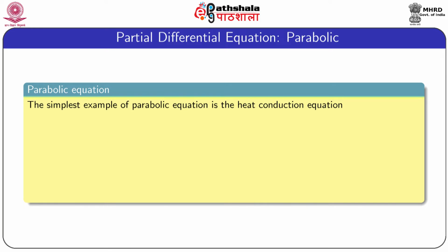Now, we consider the parabolic equation. The simplest example of a parabolic equation is the heat conduction equation, of the form written in equation 5, that is del u del t equal to alpha into del 2 u del x2, where alpha is a parameter, t represents time and x represents the space variable or length along the conducting space.